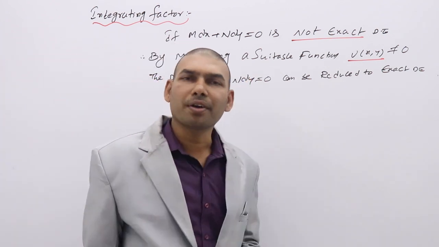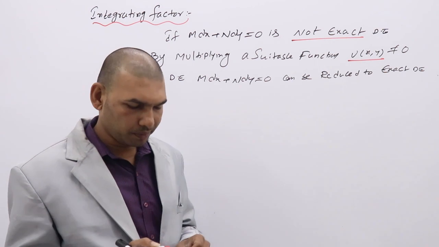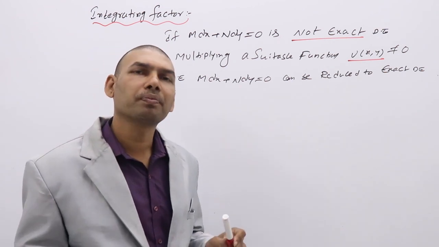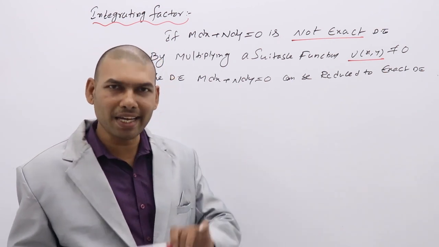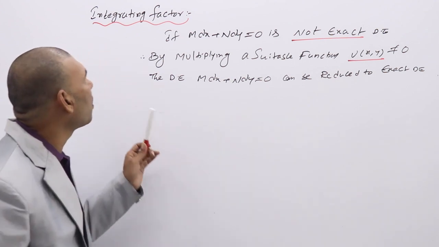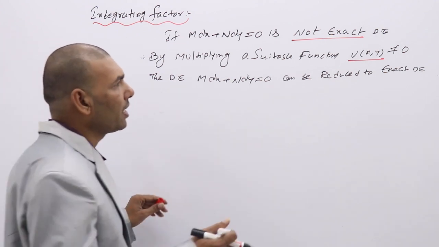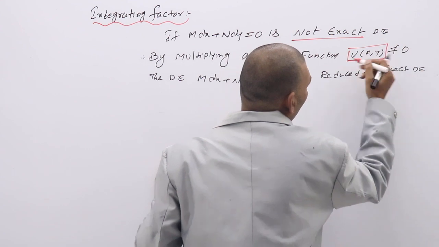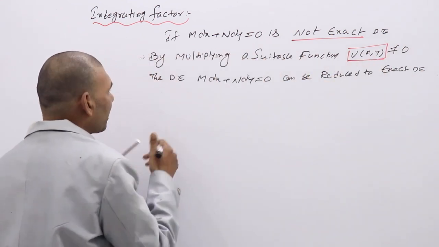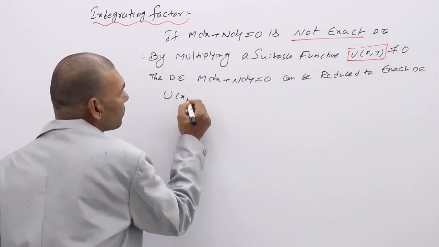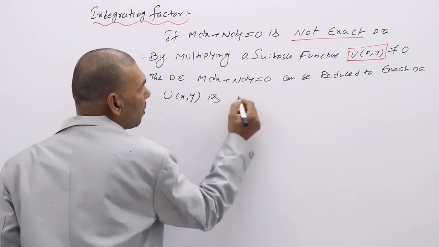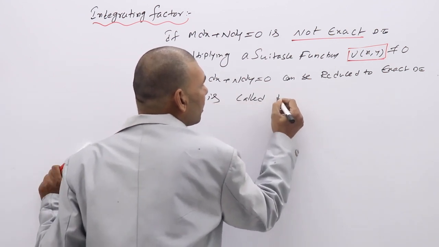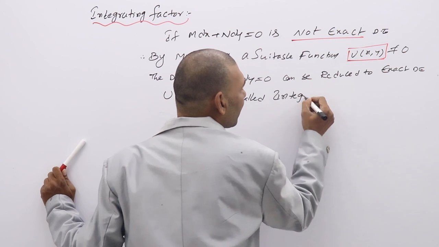The function which we are using to make non-exact as exact, that function is called the integrating factor. Here that function is this one. So here u of xy is called the integrating factor.